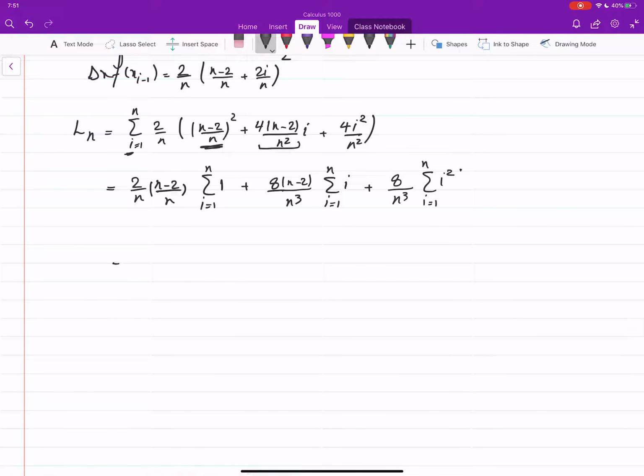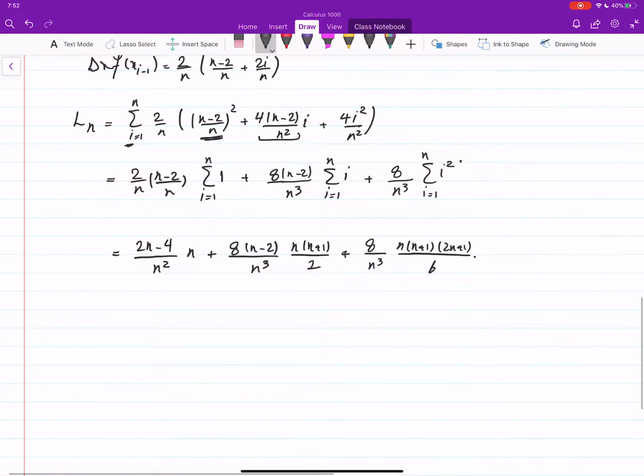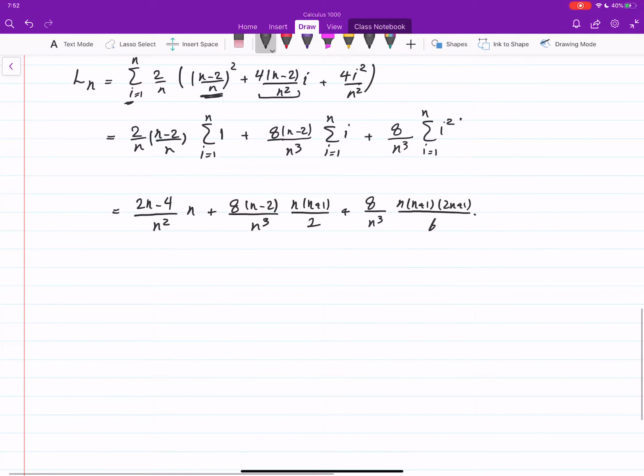Now we have a formula for each part of these guys. So this will be 2n minus 4 over n squared times n, plus 8 n minus 2 over n cubed times n times n plus 1 over 2, plus 8 over n cubed times n times n plus 1 times 2n plus 1 over 6. And well, this is the formula.